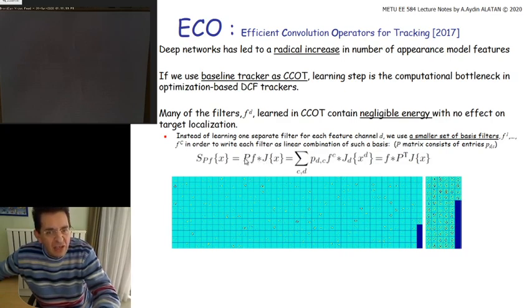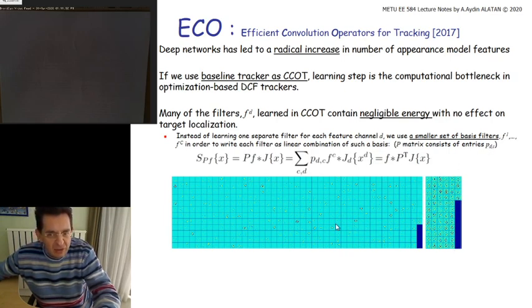I put this transpose here, and I first take the continuous response of the CCOT, multiply it with this P transpose first, and only then find those F filters from here. Therefore, I have two things to estimate: this F filter, instead of the whole thing, and also these P coefficients, which we will be using to obtain these results.